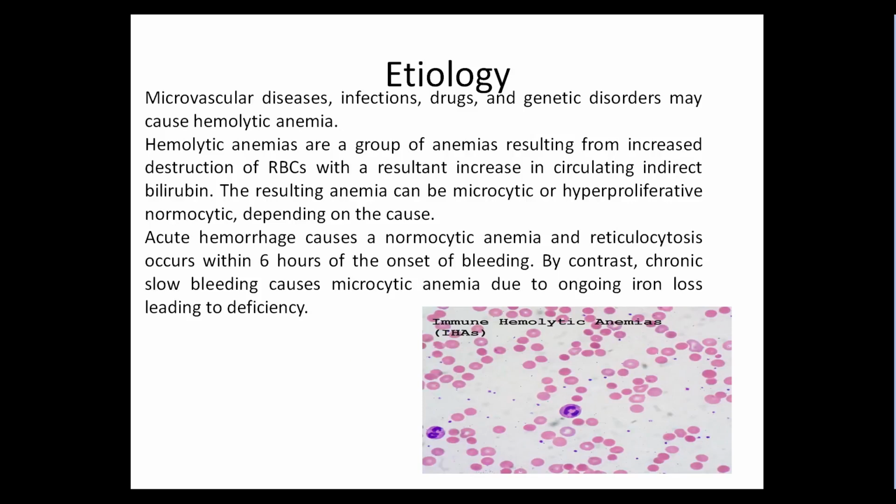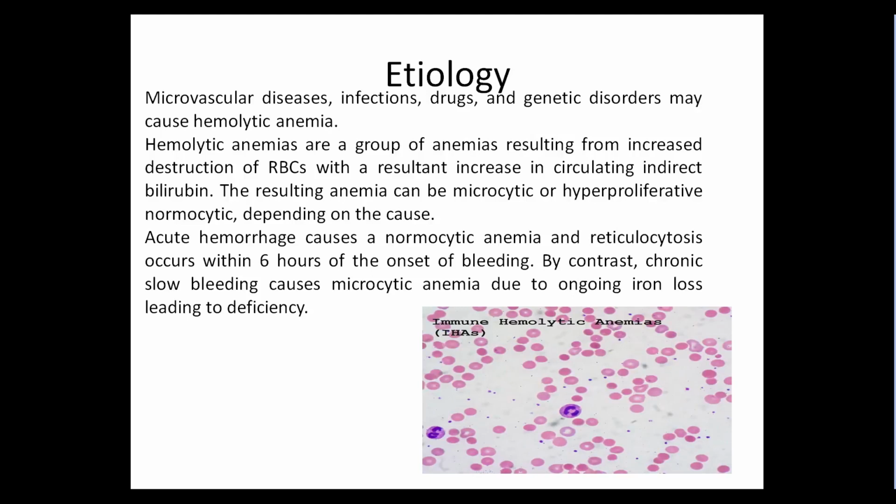Microvascular disease, infection, drugs, and genetic disorders may cause hemolytic anemia. Hemolytic anemias are a group of anemias resulting from increased destruction of red blood cells with a resultant increase in circulating indirect bilirubin.